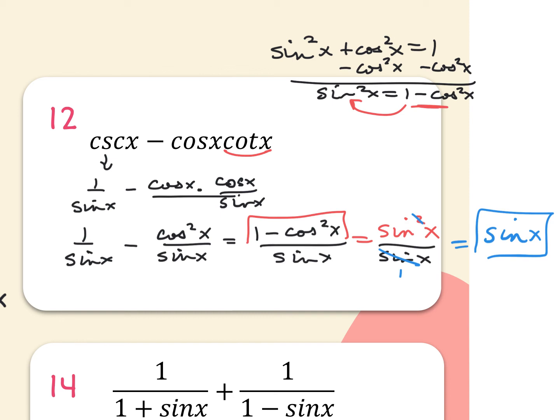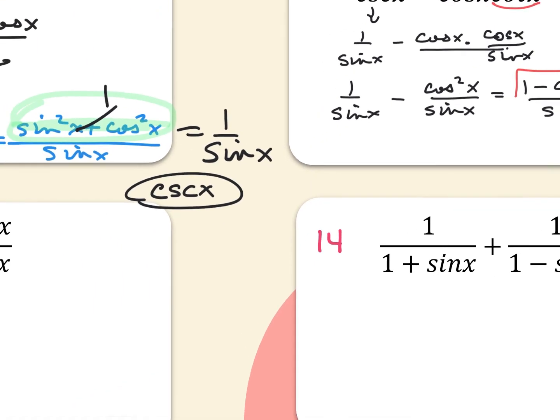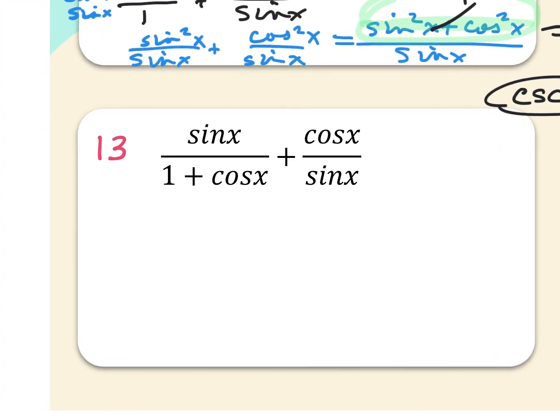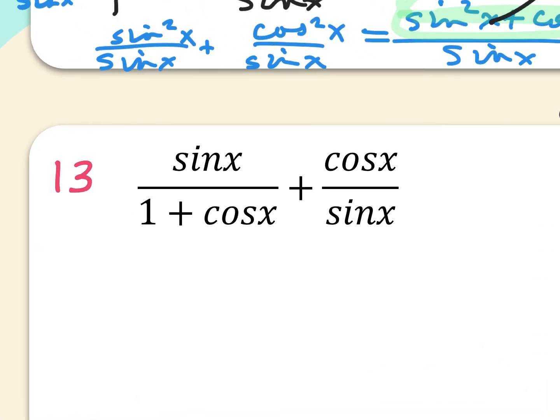Try another one. Now this one looks a little bit more complicated. So for here, what I'm going to do is add these two. I need to find a common denominator. My common denominator is going to be both this and this. So I'm going to write 1 plus cosine x and then sine x in the bottom for each.